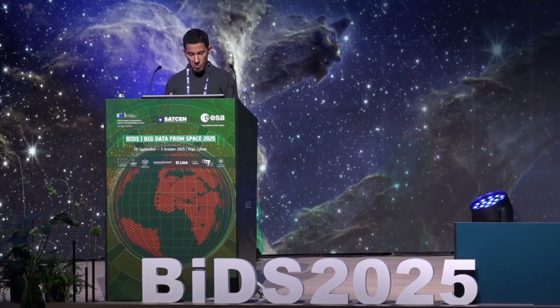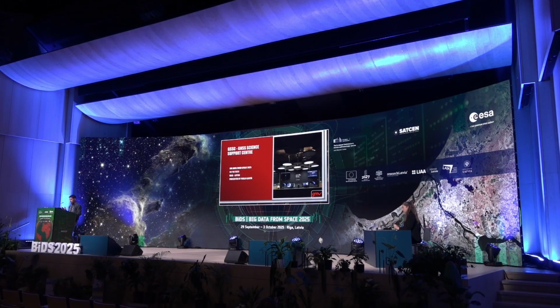In response to this limitation, the European Space Agency established the GNSS Science Support Center, or GSSC, located at the European Space Astronomy Centre, ESAC, in Madrid, Spain, where I come from.